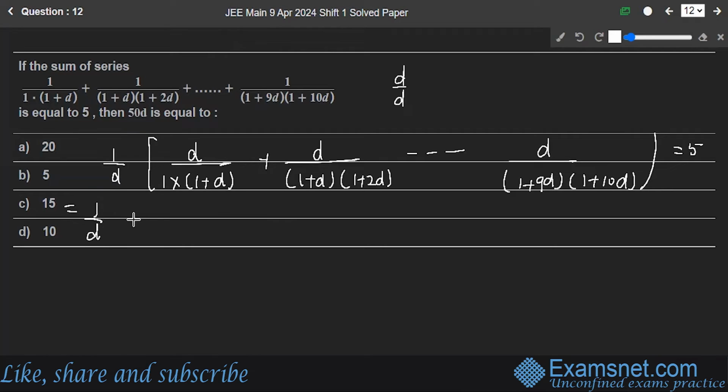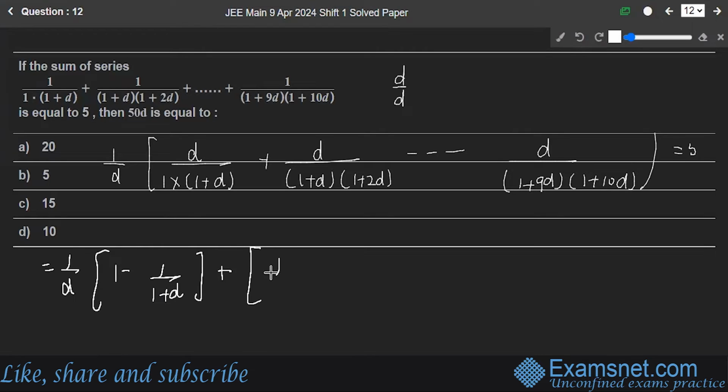Or this makes it 1 upon d times, this can be written as, I'll rewrite it here. So this can be written as 1 minus 1 upon 1 plus d, plus 1 upon 1 plus d minus 1 upon 1 plus 2d, and so on.